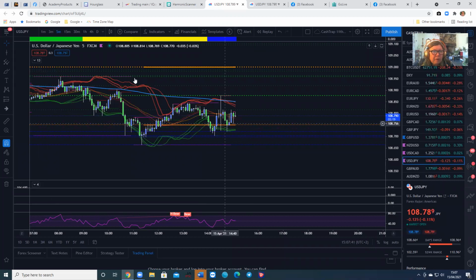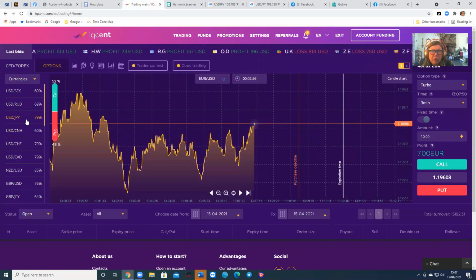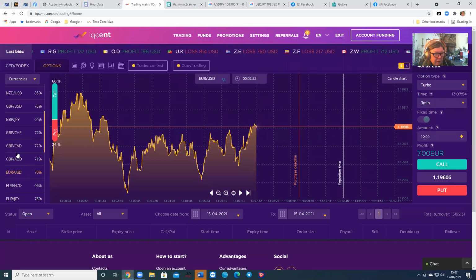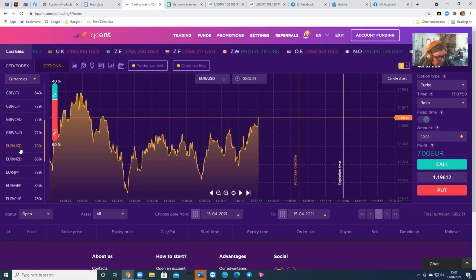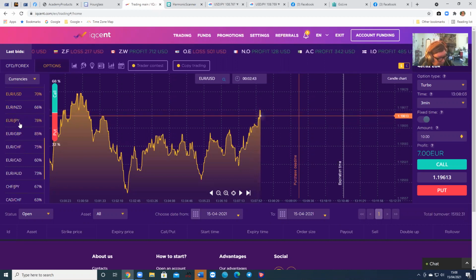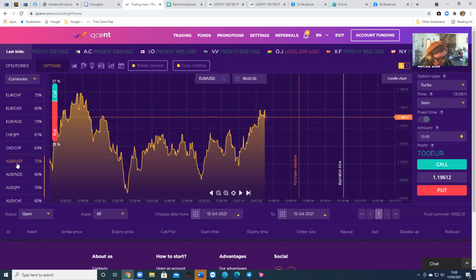So if we look at USDJPY, let's have a look at the payouts. We've got UJ at 79%, Euro USD at 70, Euro JPY 78, and HourGlass at 72.